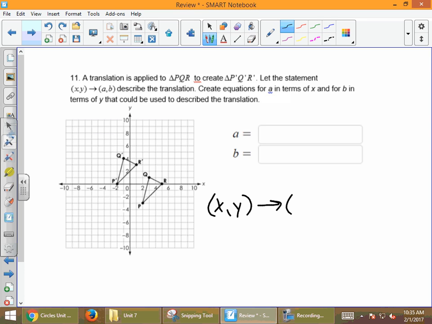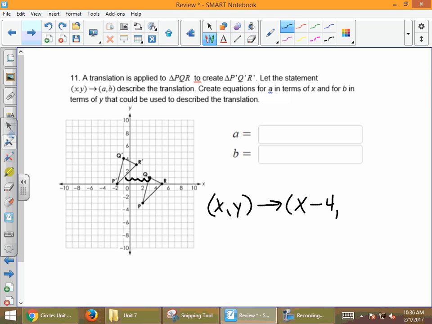Which movement do we always do first? Do we go up and down or left or right first? Yeah, always want to go left or right first when you're doing a translation. So to get Q to be in line with Q prime, how far do we move? 4. In which direction, left or right? Left. So this equation is going to be x minus 4 because we went to the left.